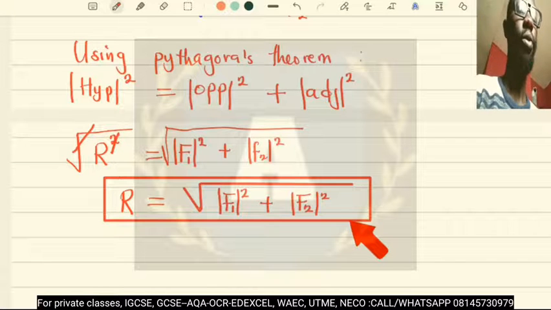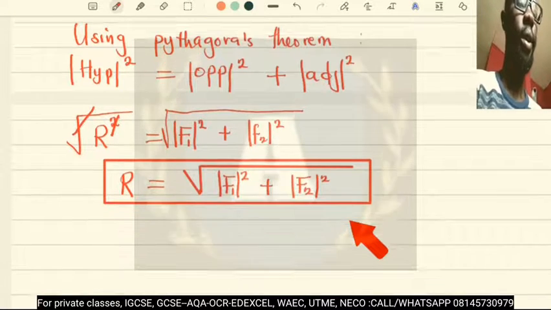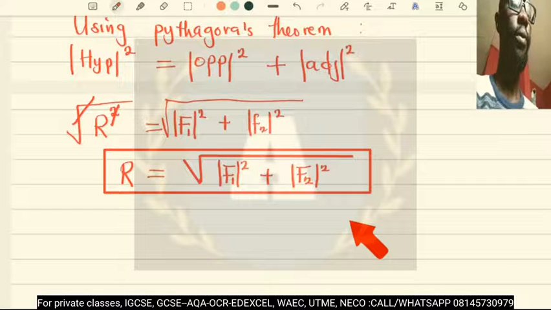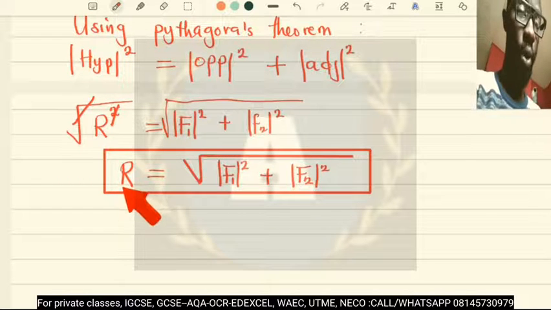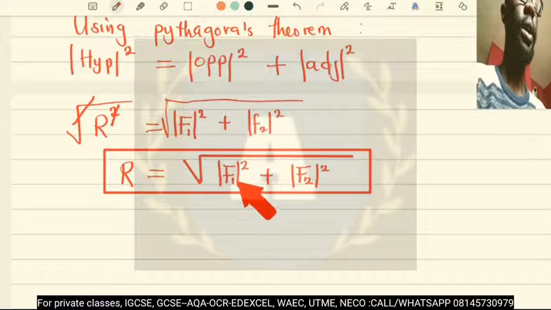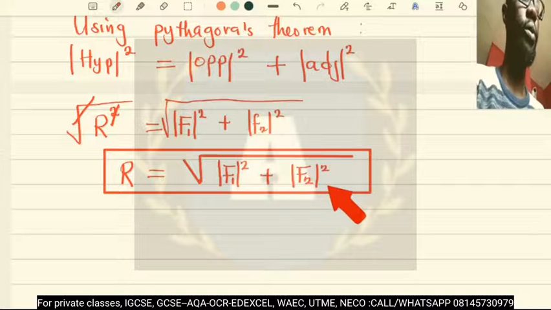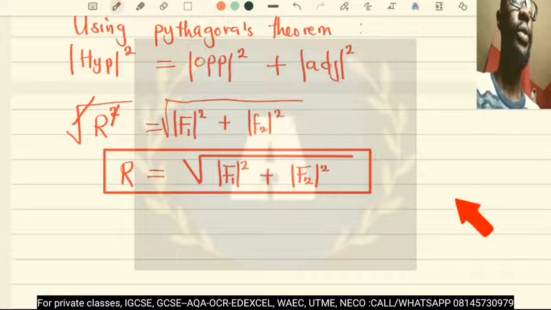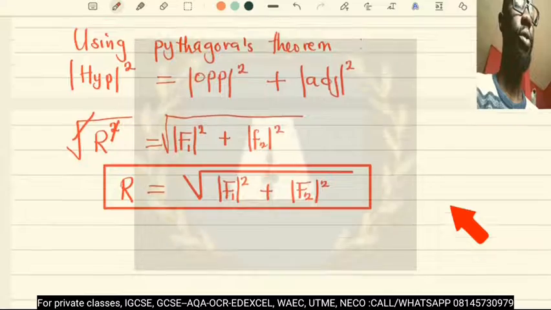Okay, so very easy one. So that is the formula. The resultant will be equal to the square root of F1 square plus F2 square. So very essential. You need to know that.